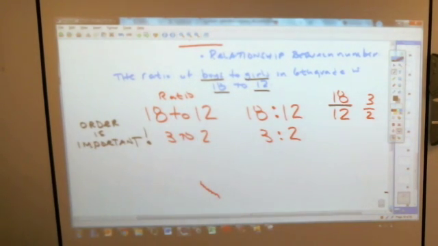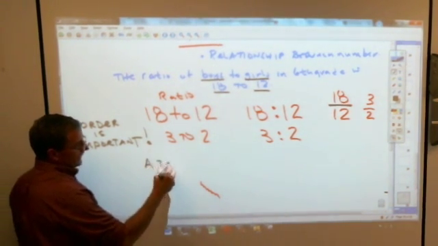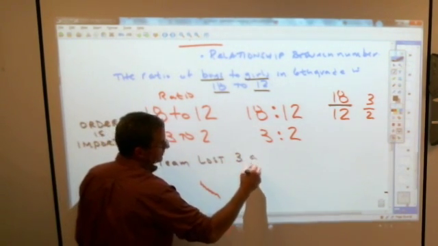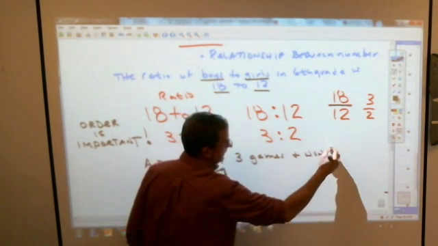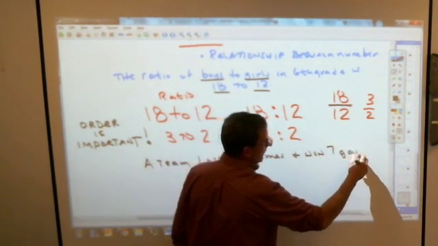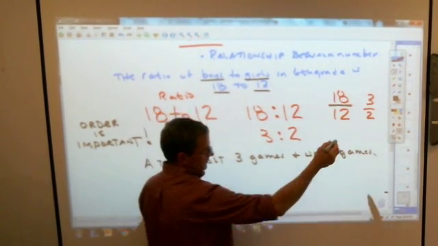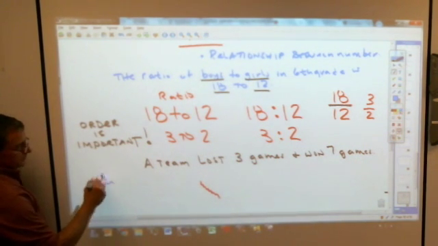The ratio, a team lost 3 games and won 7 games. Now I can ask you a whole bunch of different questions about this. Here's question number 1.